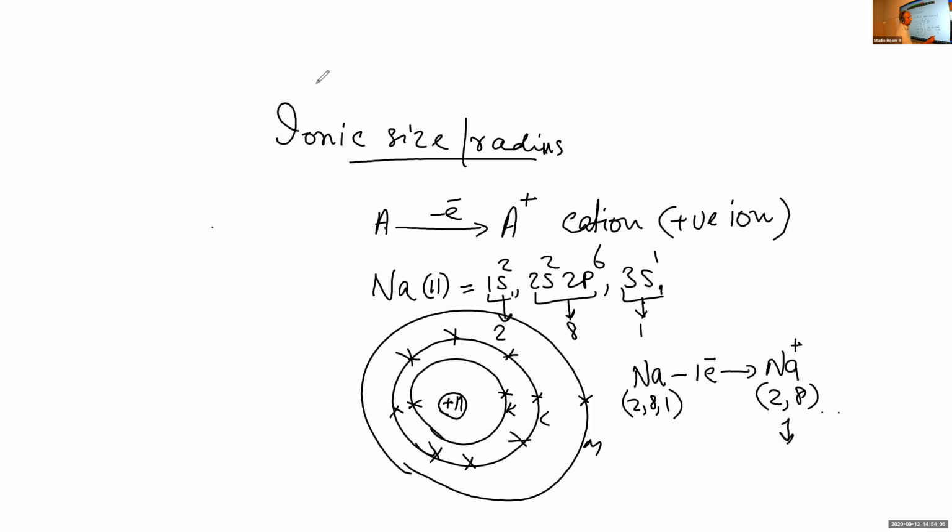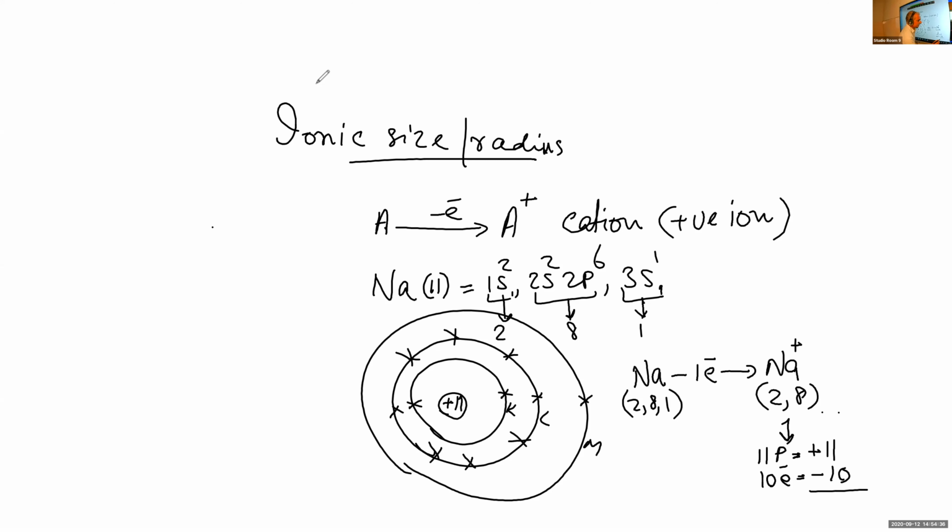So, in Na plus, there are 11 protons. No change for the nucleus. 11 protons, therefore plus 11 charge for the nucleus. But we have only 10 electrons. For 1 electron, minus 1 charge, so for 10 electrons, minus 10 charge.